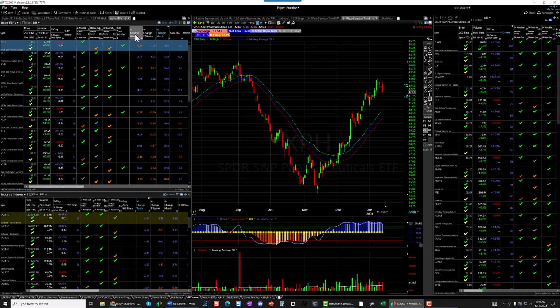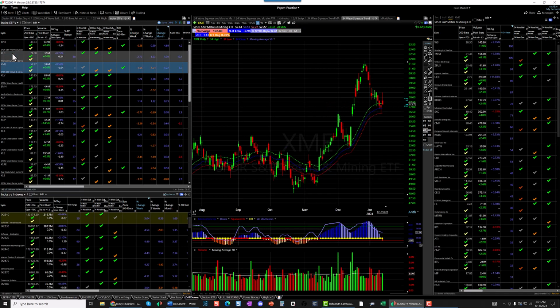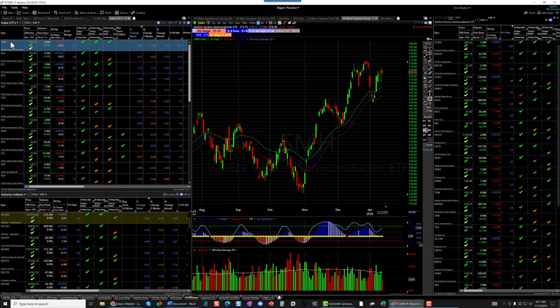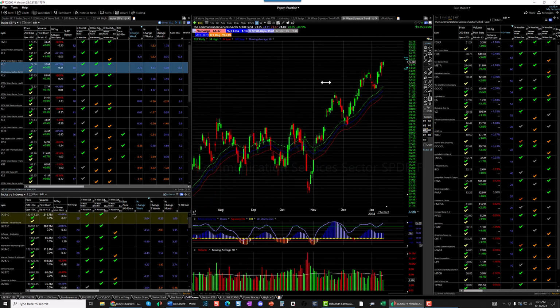Next comes XLC, and then XME, which is metals and mining, and I'll sort back over to SMH on the weekly change, and I'll start looking through my list and see if there's anything that's retained its strength that looks very bullish. I can see that XLC's been very strong. That would be one that I would be interested in trading.